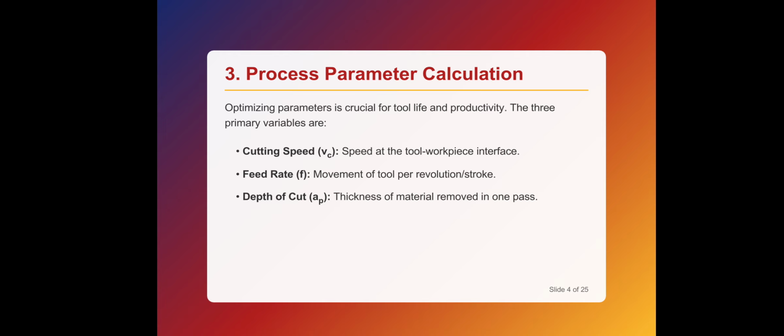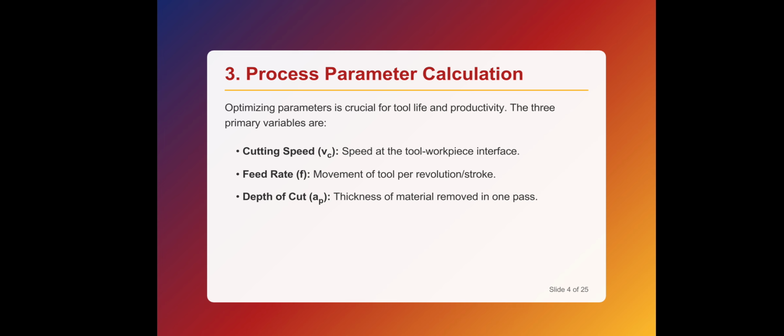The process parameters are calculated by optimizing parameters. Optimizing parameters is crucial for tool life and productivity.